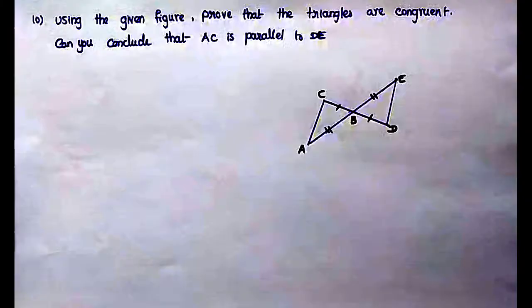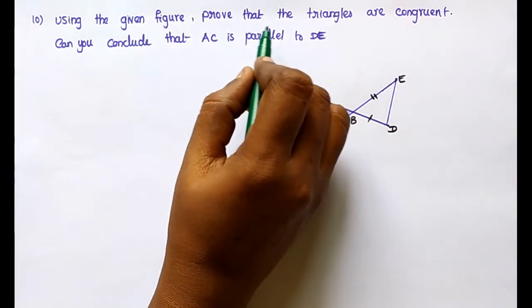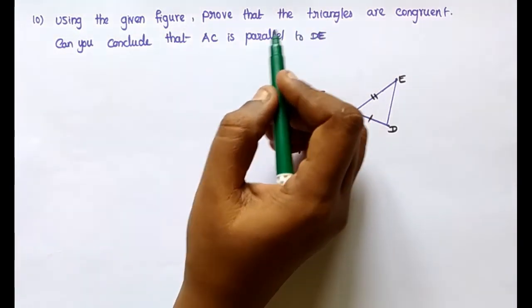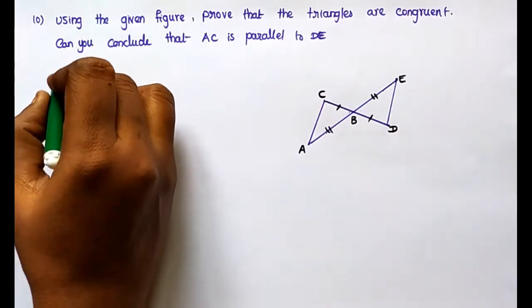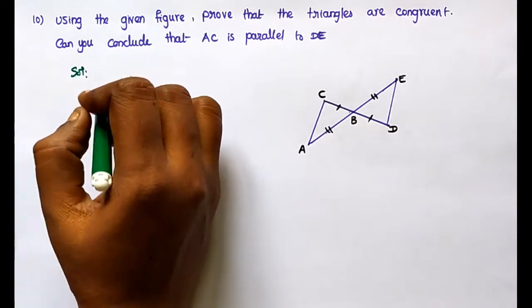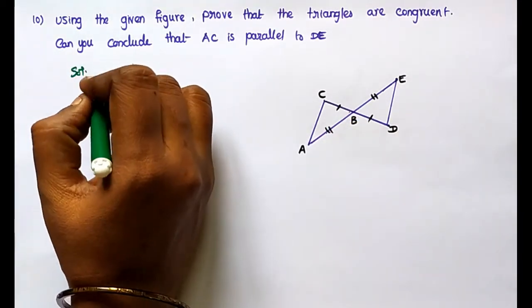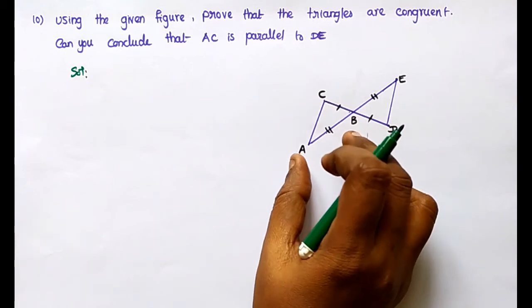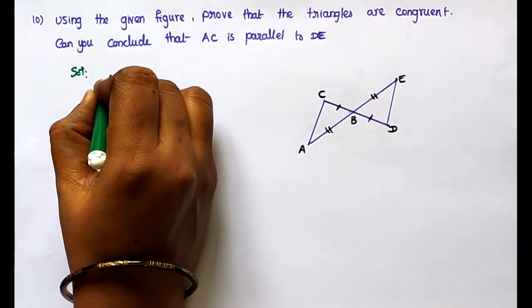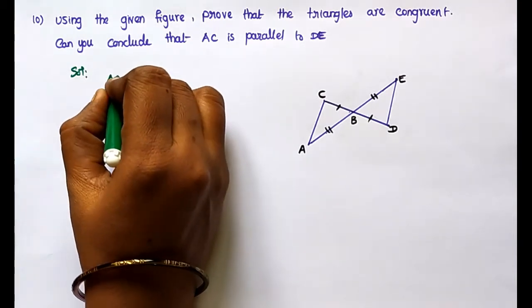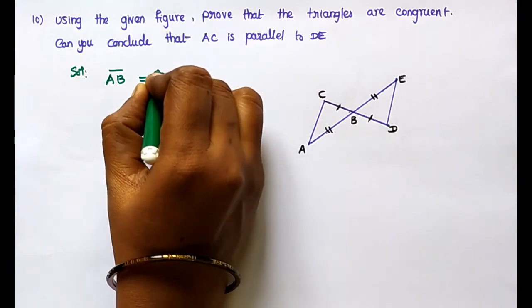That is the answer. 10th sum, using the given figure prove that the triangles are congruent. Can you conclude that AC is parallel to DE? Let me see. In this figure, side AB equal to BE.